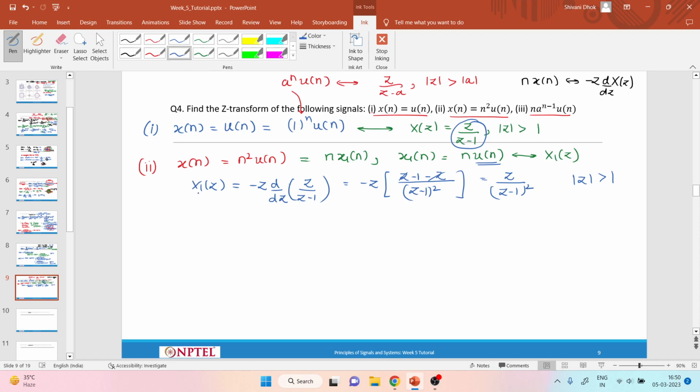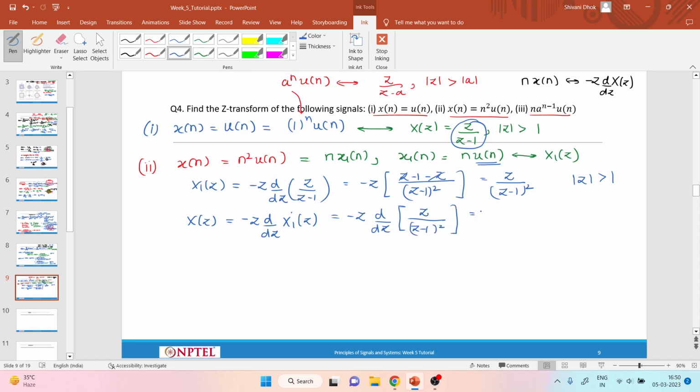Now we have found this x1 of z, but we need to find the z transform of n into x1 of n. That is, basically my x of z is the z transform of n into x1 of n, which will be minus z times d dz of x1 of z, that is equal to minus z into d dz of z upon z minus 1 whole square.